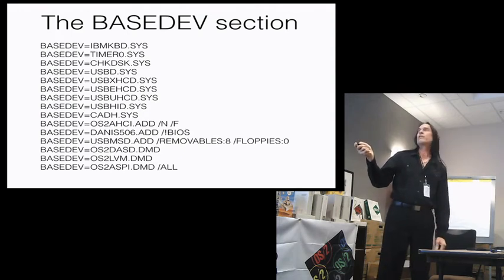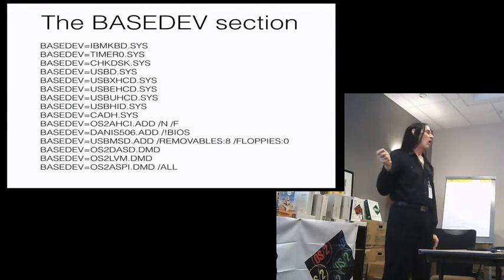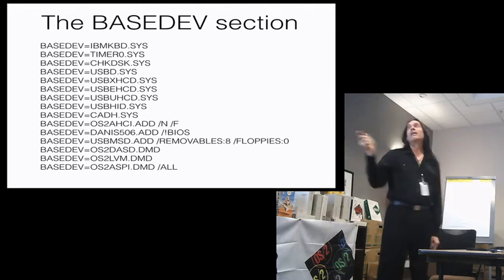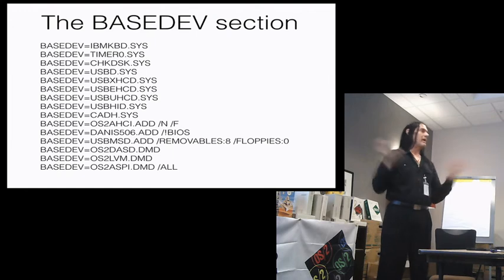The USB-D driver is kind of like the traffic cop for all of the USB drivers. So it should be first so that when the HC, the host controller drivers load, they can connect to USB because it's already there. If USB-D wasn't there, they would say, I can't connect to the USB-D driver.